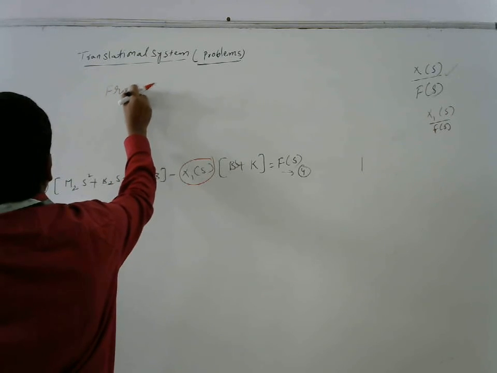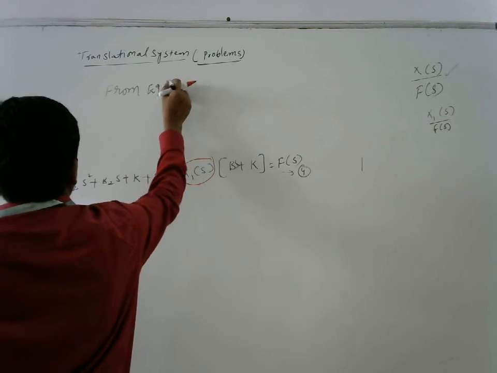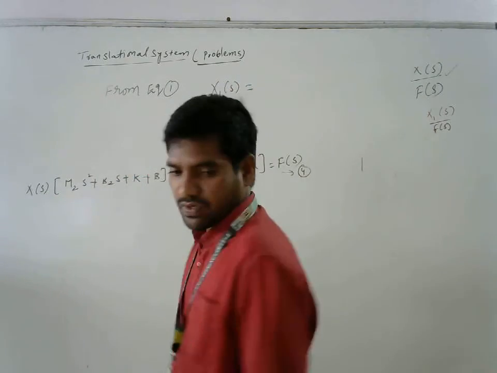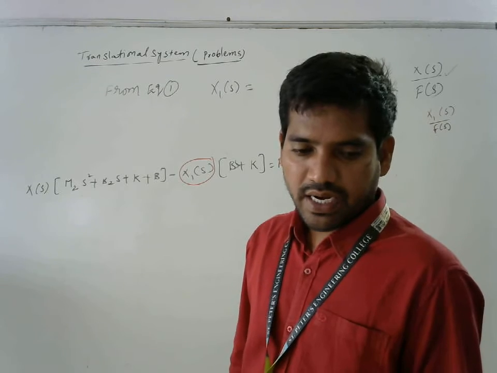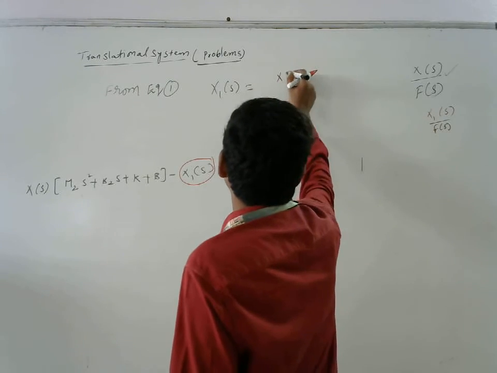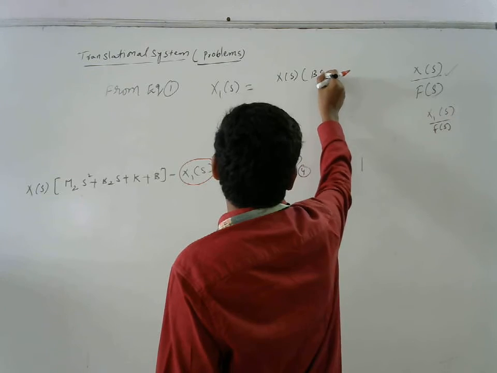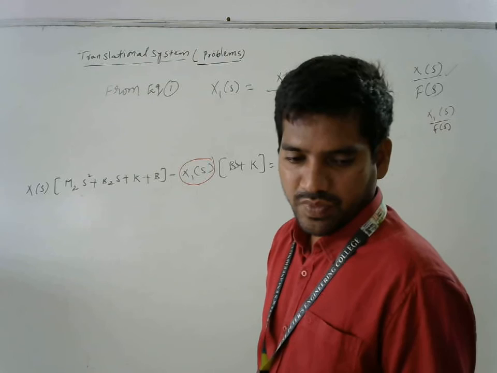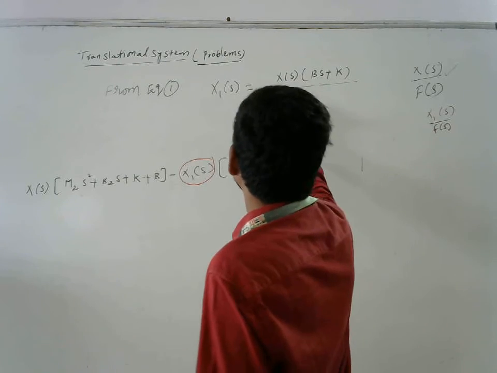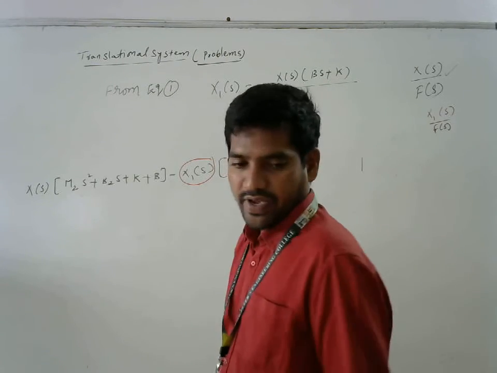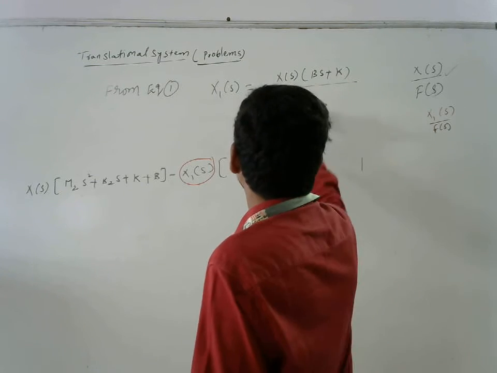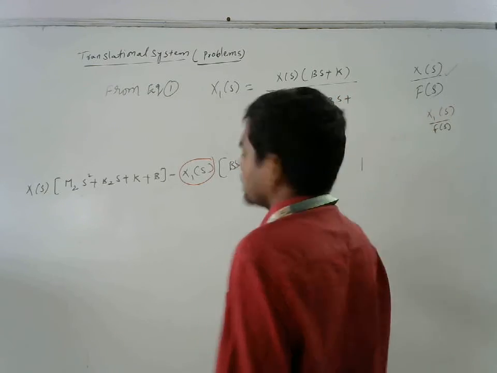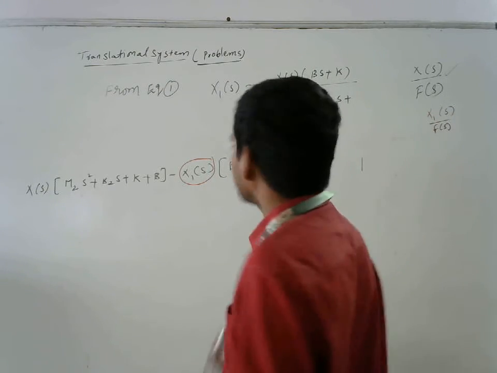From equation 1, x1 of s is equal to x of s into (bs plus k) whole divided by m1 s square plus k1 plus b1s plus bs plus k.